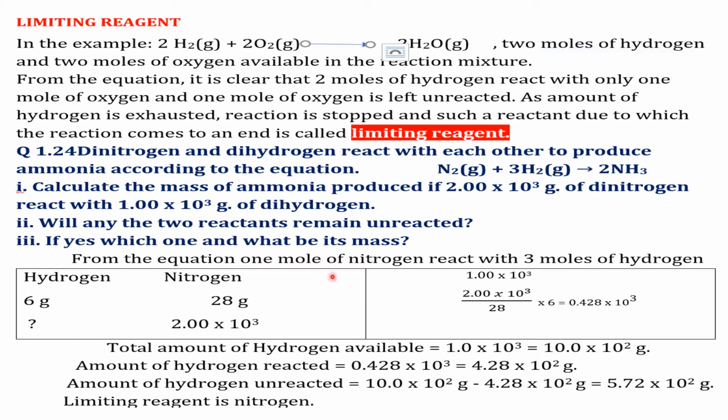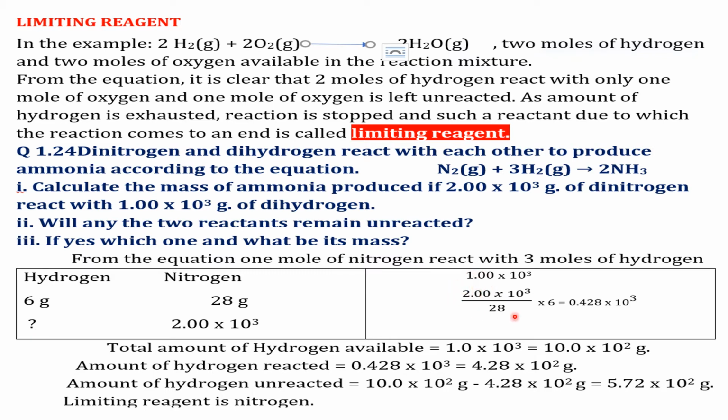So from the equation, it is understood that 1 mole of nitrogen combines with 3 moles of hydrogen. So in terms of quantities, 28 grams of nitrogen combines with 6 grams of hydrogen, as we know from the reaction. Now the amount of nitrogen given is 2 into 10 power 3 grams, then what should be the mass of hydrogen?